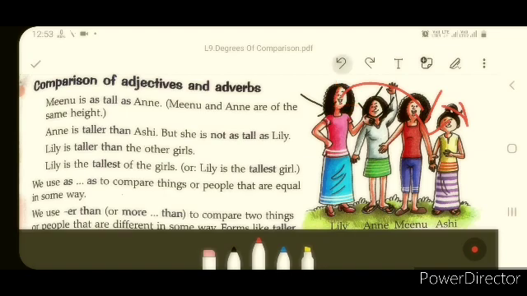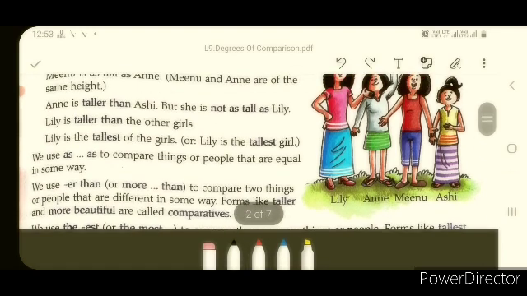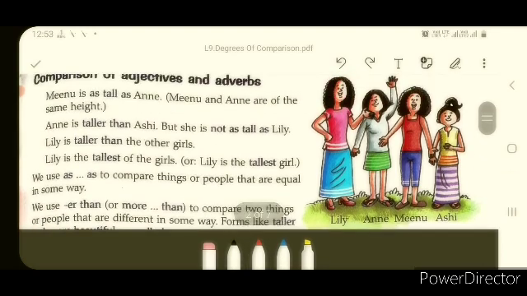Then Lily is taller than the other girls. So who's the tallest? You can clearly see that Lily is taller than all the girls presented in the picture, and Lily is the tallest of the girls. So tallest of the girls means she is tallest among the girls standing.